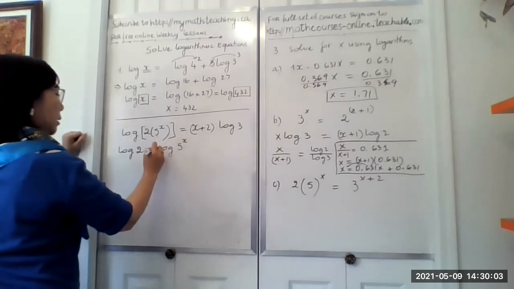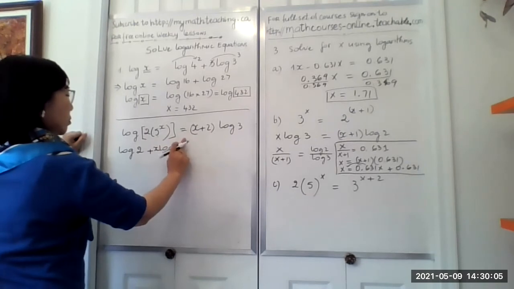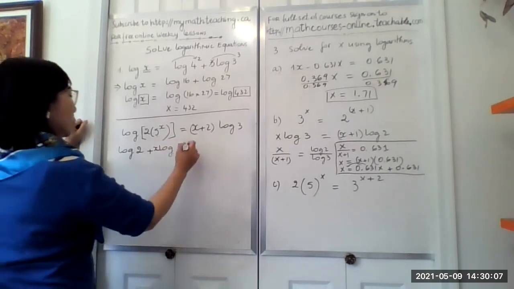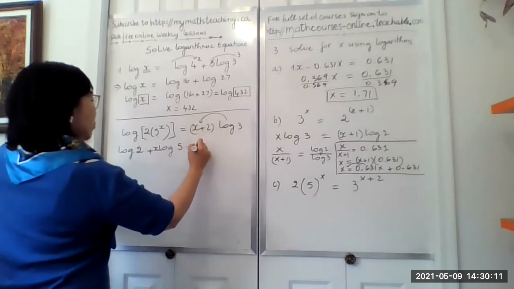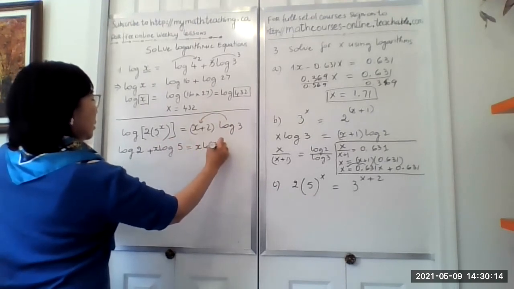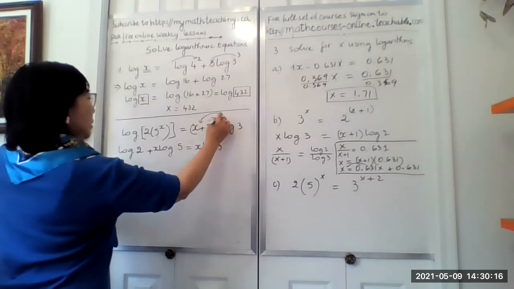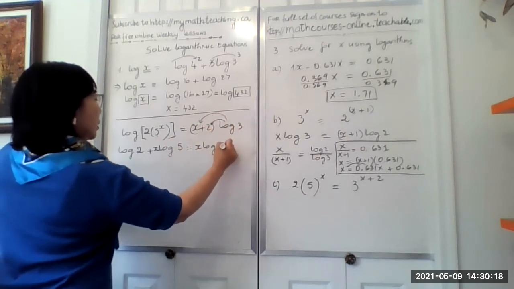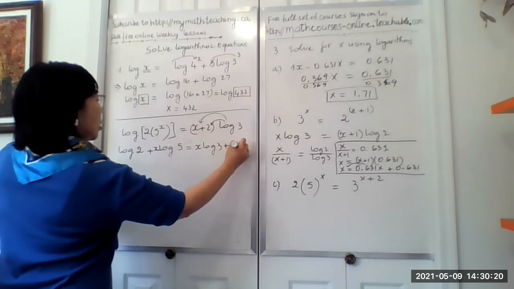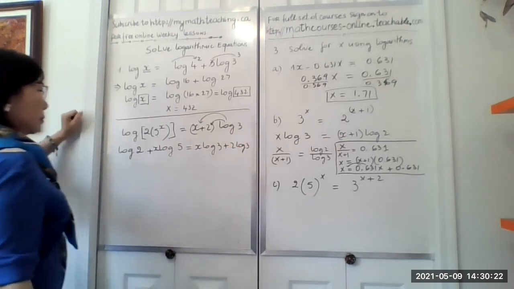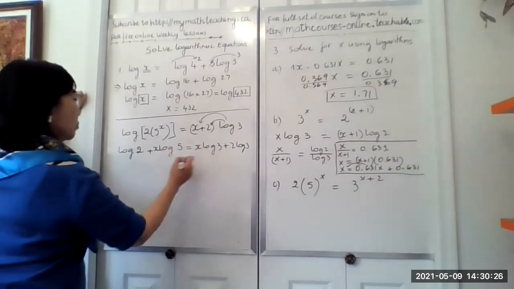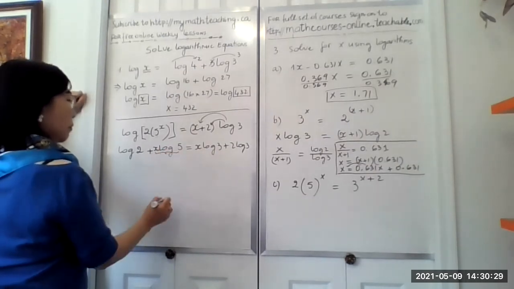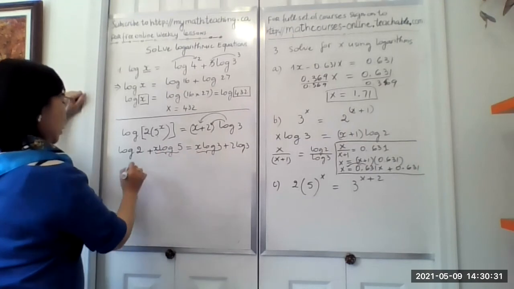But again, I can bring the x in front here and cancel here, right? Will be equal. Now I can multiply this. I will have x log 3 and multiply this to this number. We're adding with 2 log 3. So now I'm going to put the x with the x together, right? We have x log 5 and we have x log 3.